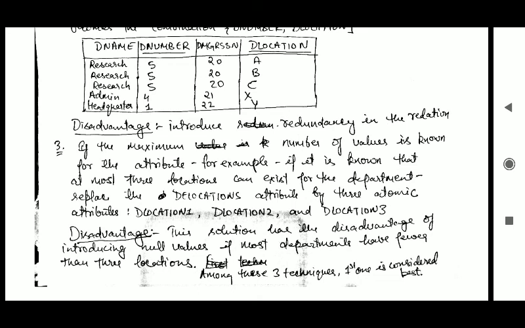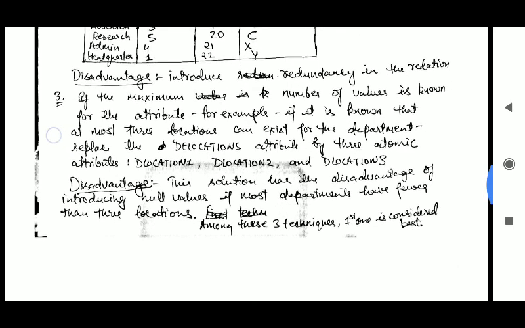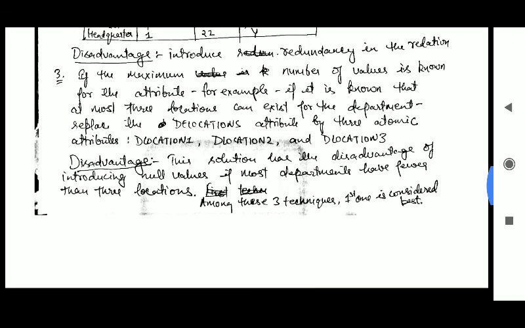Then we will replace the D locations attribute by 3 atomic attributes: D location 1, D location 2, and D location 3. This solution has the disadvantage of introducing null values if most departments have fewer than 3 locations. Among these 3 techniques, first one is considered best.